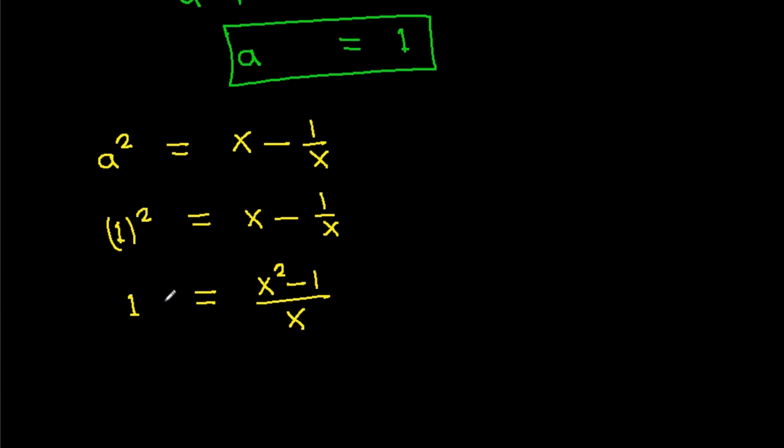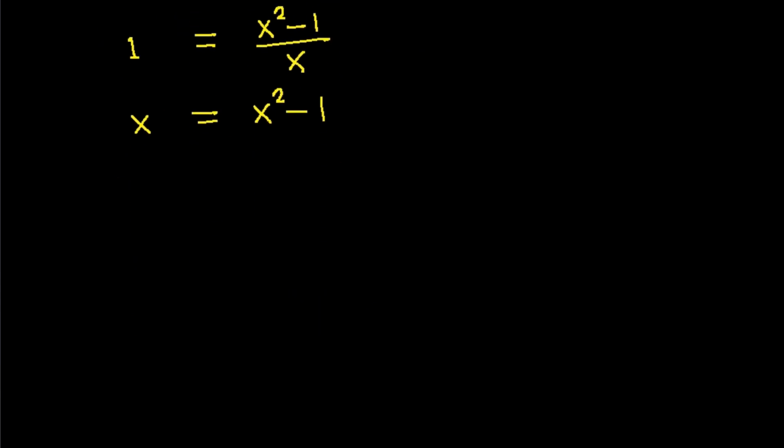And if we cross multiply, then x will be x square minus 1, and x square minus x minus 1 will be 0.